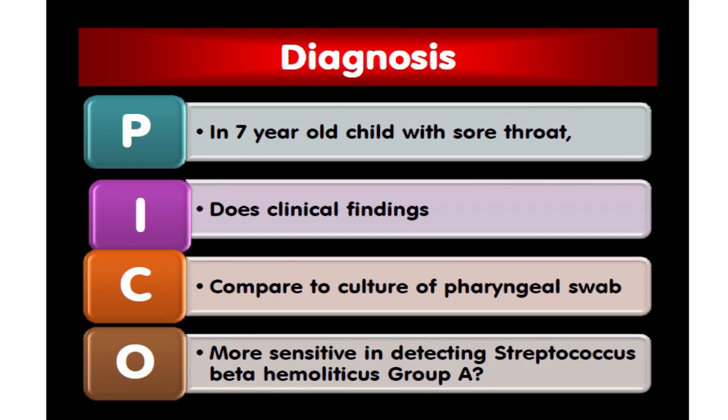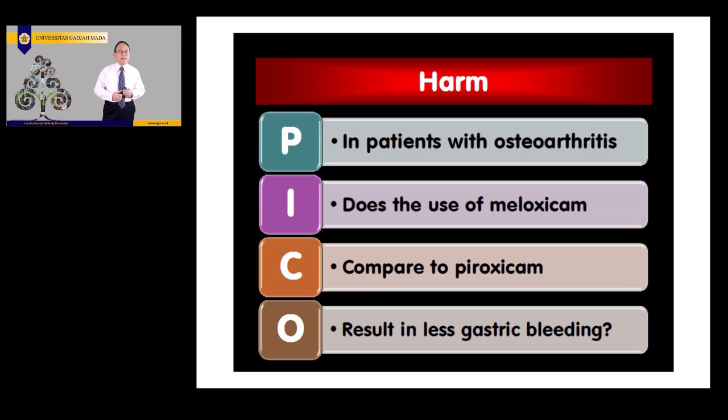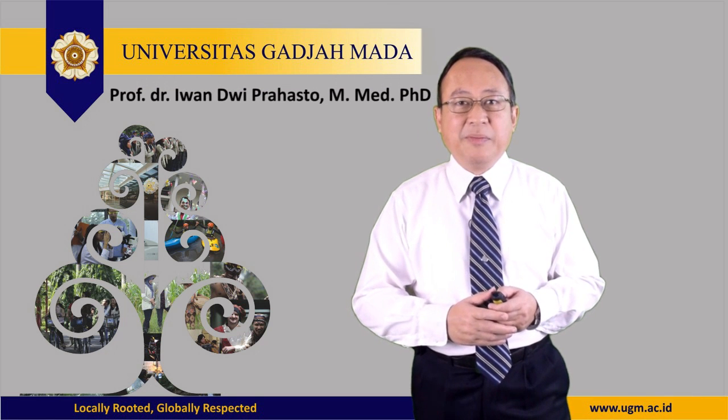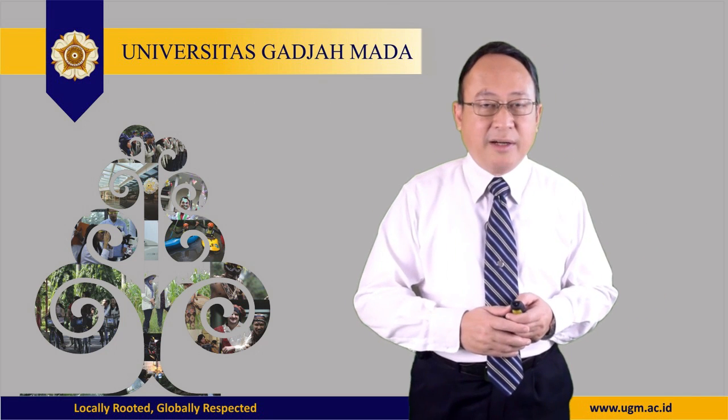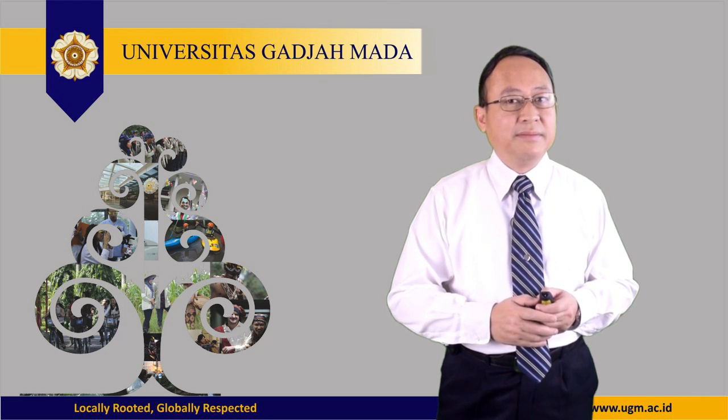Because you suspect your patient has Streptococcus beta hemolyticus group A, to detect whether there is Streptococcus, you have to use which one? Clinical findings or pharyngeal swab? Again, with harm and also other parts of the examination, the use of evidence-based medicine must be used effectively, carefully, and adequately. Thank you.